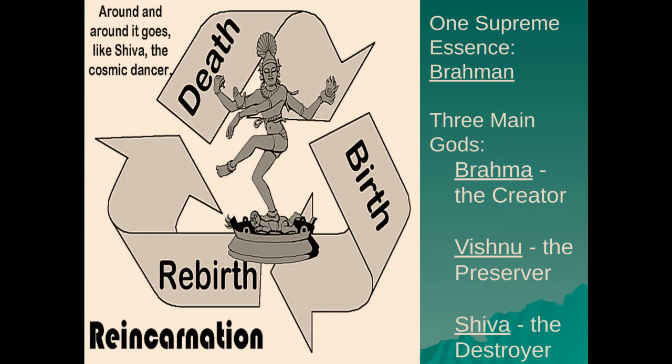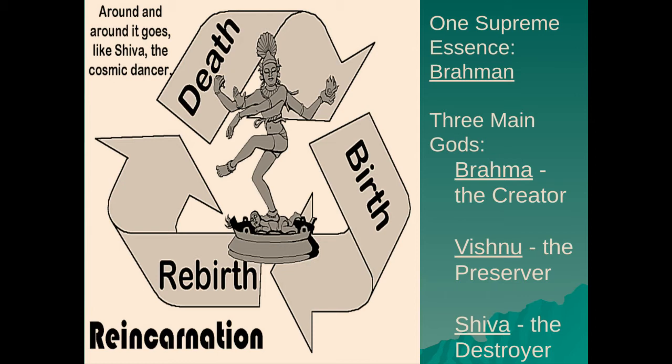And so 3 of their 10,000 gods, the 3 most important, are Brahma, who is the creator, Vishnu, who is the preserver of life, and Shiva, who is the destroyer of death. So they believe that Brahma is involved in your birth, in the creation, in where your soul ends up as it moves from one body to the next.